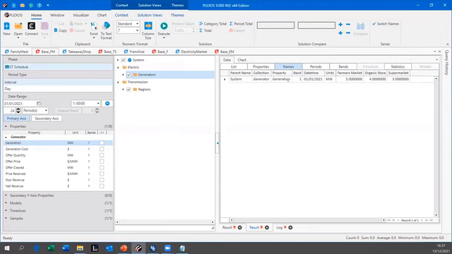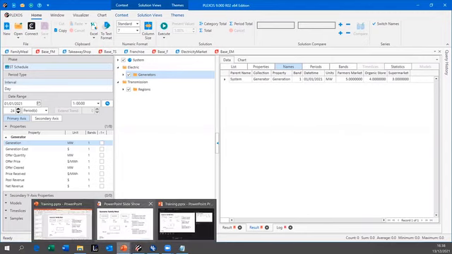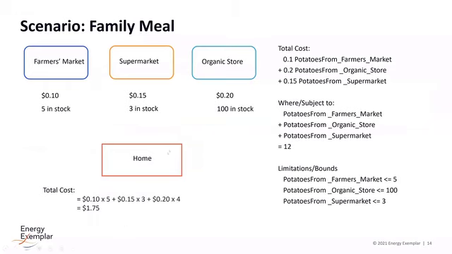So we're taking out 5 from our farmer's market, 3 from the supermarket, and then the rest from the organic store. And this is the same, I'll just show you, as what we had before, right? We've got 5 from the farmer's market, 3 from the supermarket, and then 4 from the organic store.